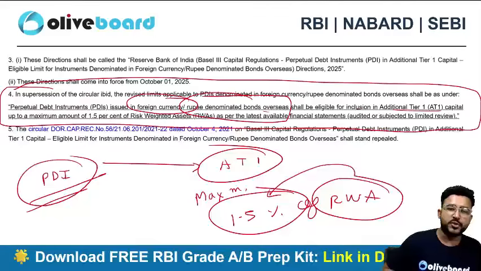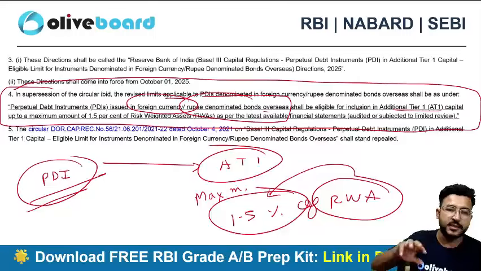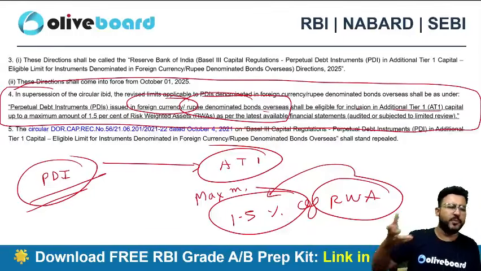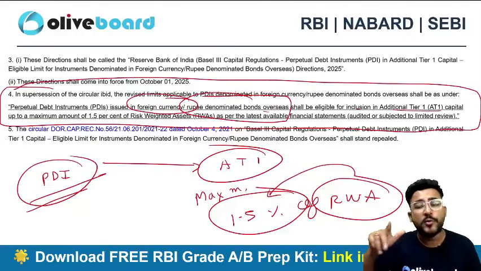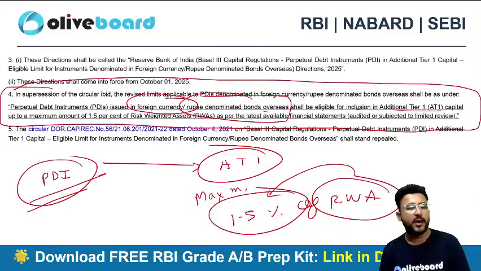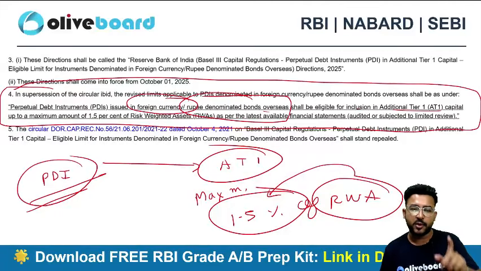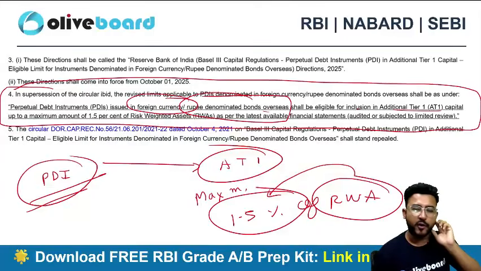Usually it is included in the AT1 tier capital, but because this perpetual debt instrument is issued in foreign currency or maybe rupee denominated bonds overseas, not in India, this shall also be allowed to get included in the AT1. I can include this in the AT1 capital, but there is a restriction of 1.5% of risk weighted assets.